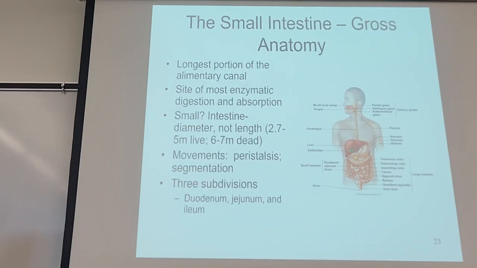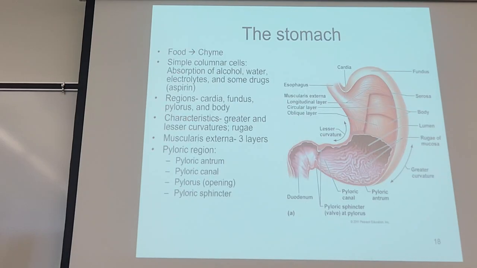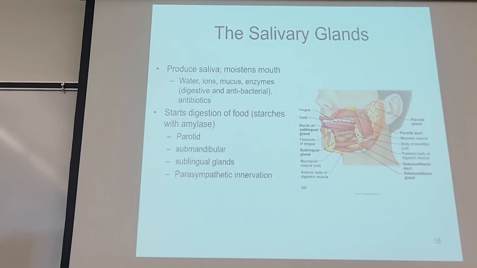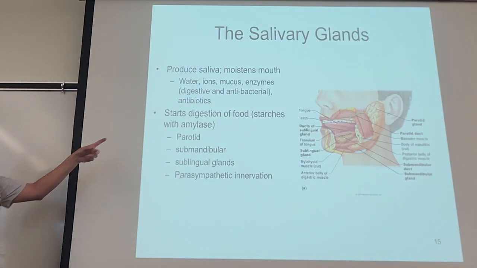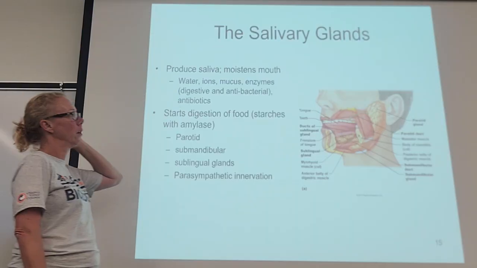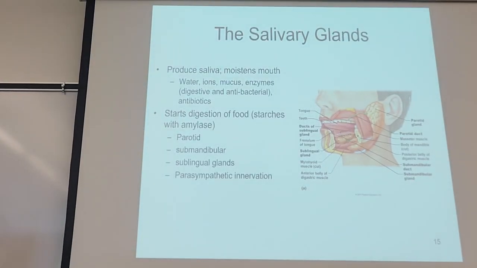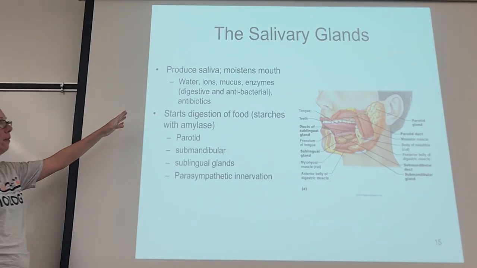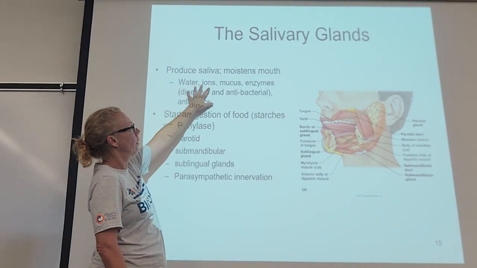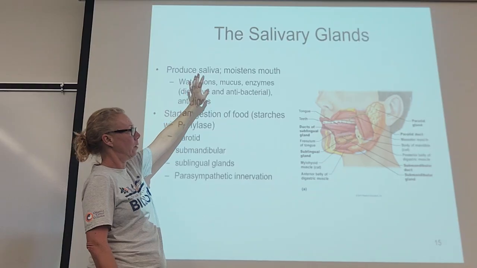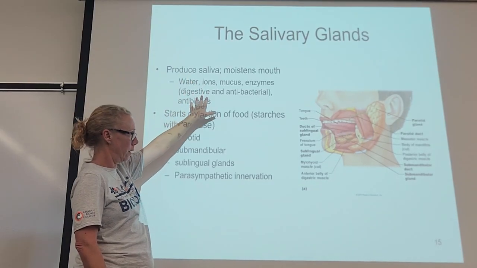Hold on, I just have something that I wanted to mention. Let's go back to this slide really quick, because I breezed over it. As far as salivary glands go, saliva has more than just water in it. It's got mucus, it's got digestive enzymes.